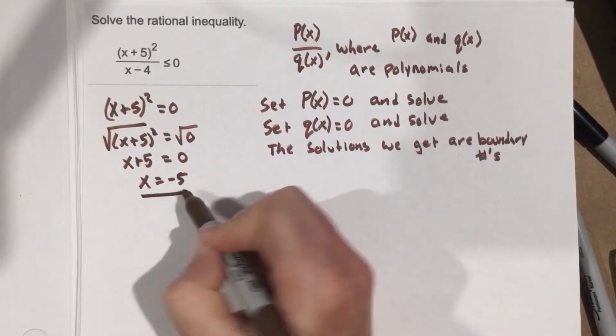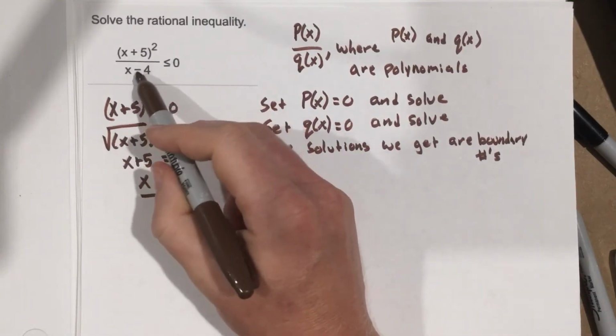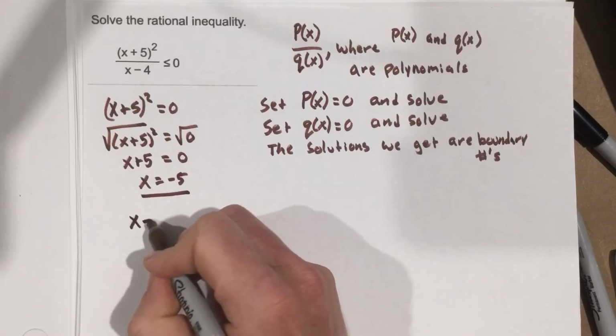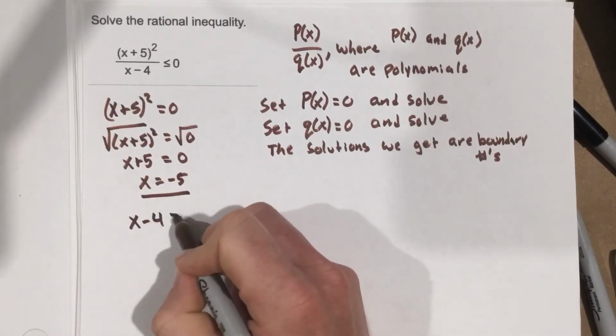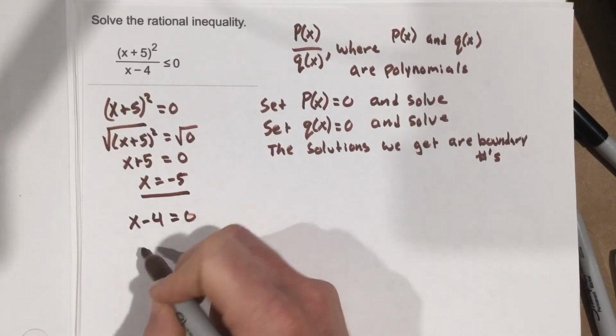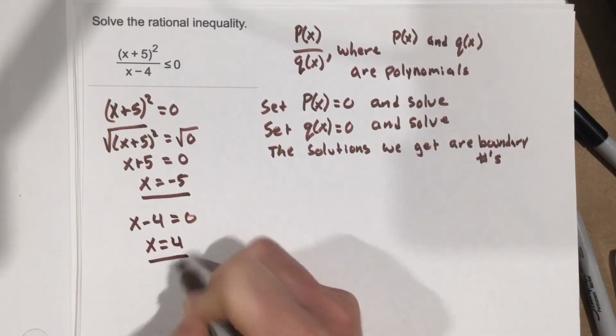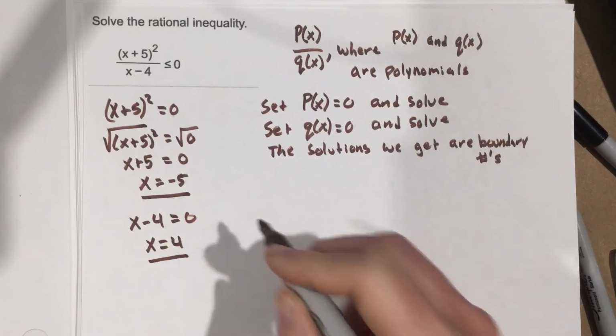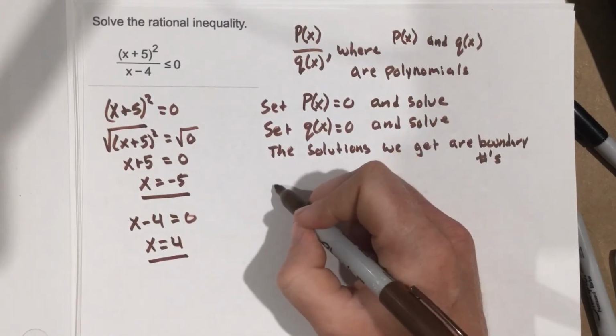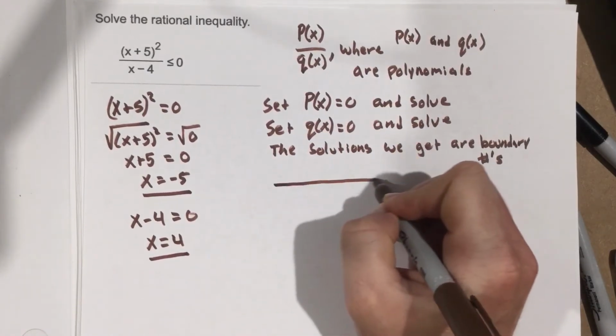Okay, so that's one boundary number. Now we're going to set the bottom x minus 4 equal to 0. Add the 4 over and we get x equals 4. That's another boundary number.